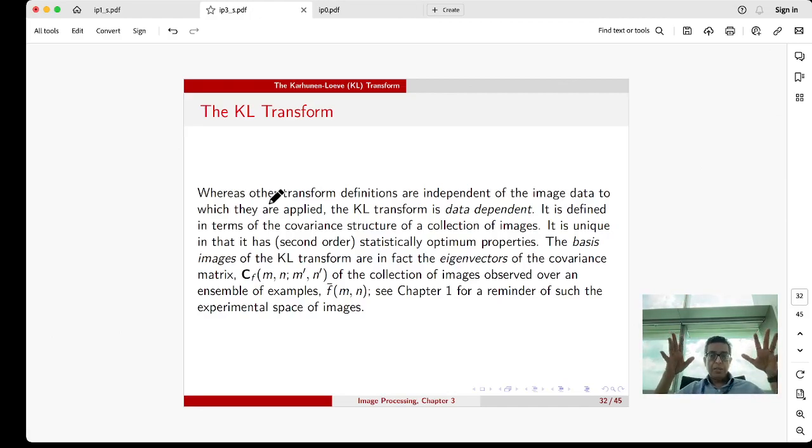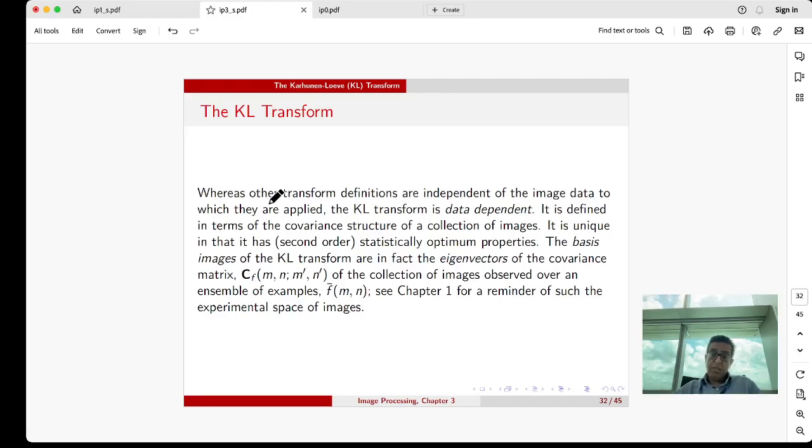So we choose a basis set we want to use or transform type, and we then define the basis images according purely from the nature of the transform definition, and the size of the image. There are transforms that are instead defined by the data or by the images.